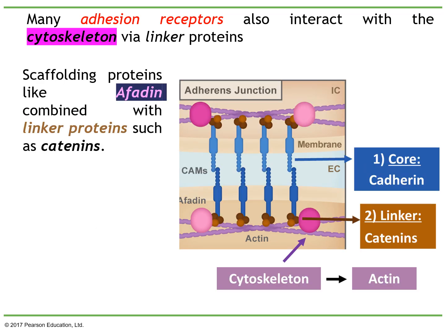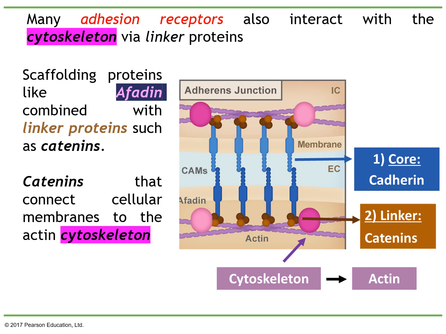I'm just going to tell you about this, but if you go and study this in more detail, you will see that there are additional proteins, and every time they find more proteins. For example, this adhesin helps to stabilize these cell adhesion molecules. And this one you need to remember for the test, and actually for one of the questions: the function of these linker or adapter proteins is that they fuse the core to the actin.